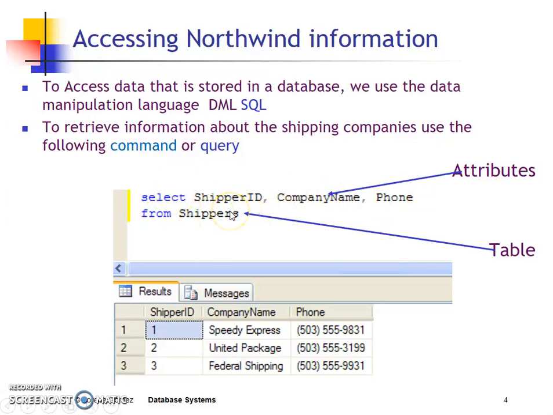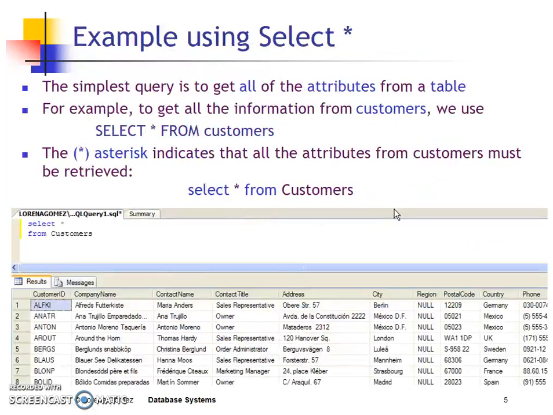This is a very basic statement. If we want to display all the attributes from a table, we use the asterisk, like here: select star from Customers, and we will get all the attributes that we have in our table.